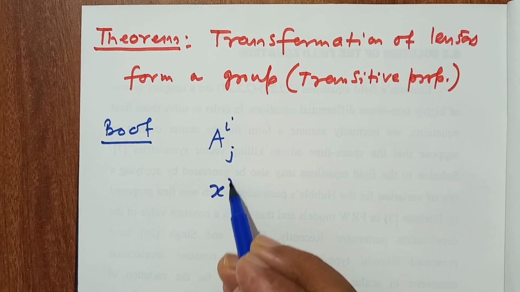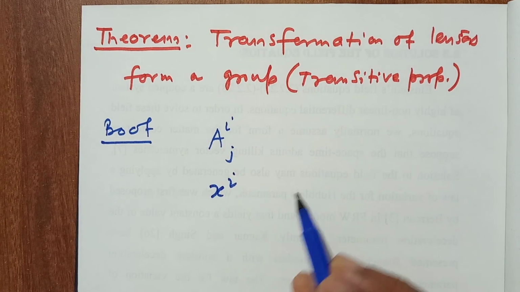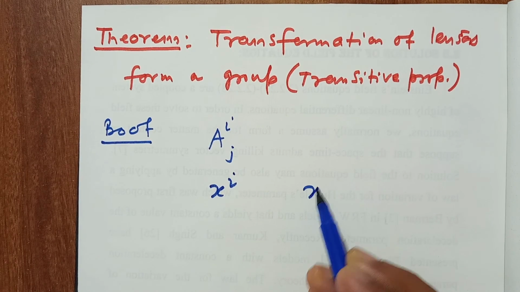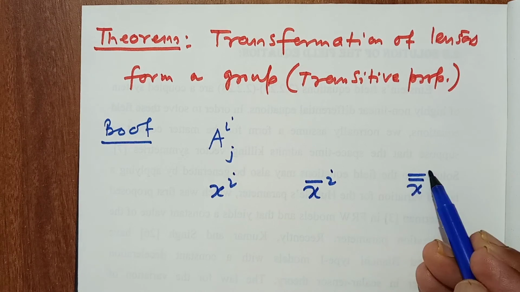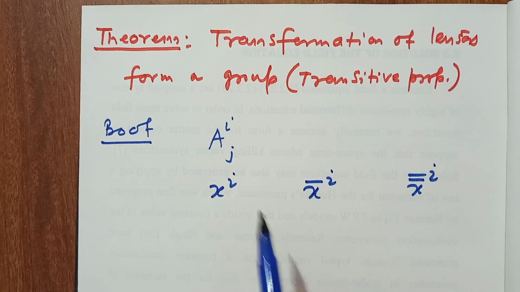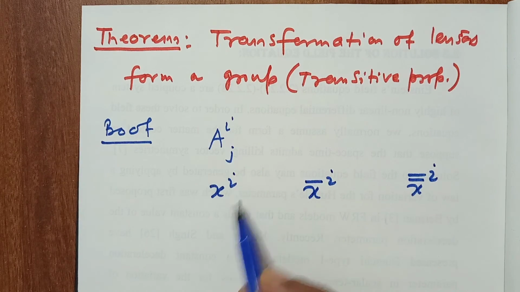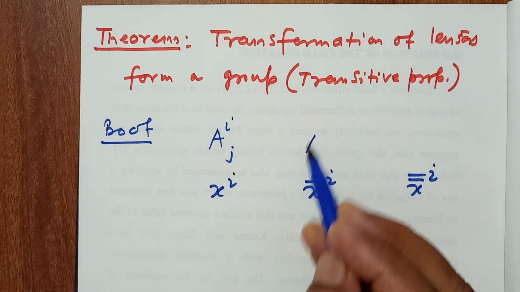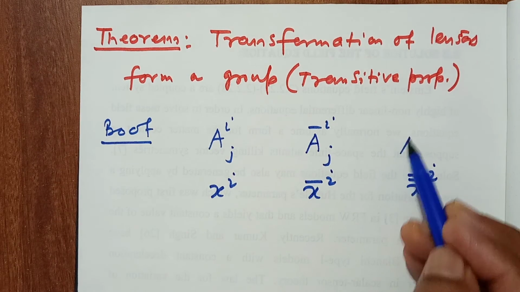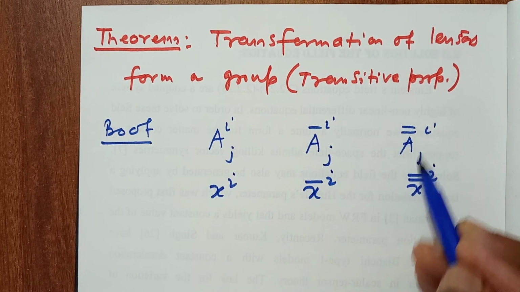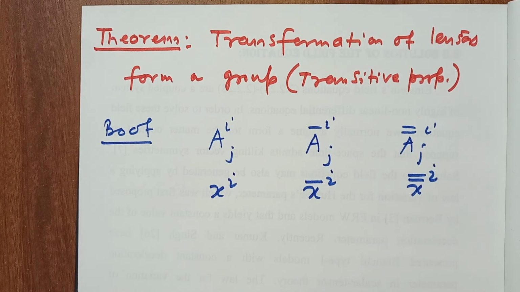So x i, x bar i is another coordinate system, and x double bar i is yet another coordinate system. In the x i coordinate system the tensor is A i j, A bar i j is in the second coordinate system, and A double bar i j is in the third. So what is the transitive property?